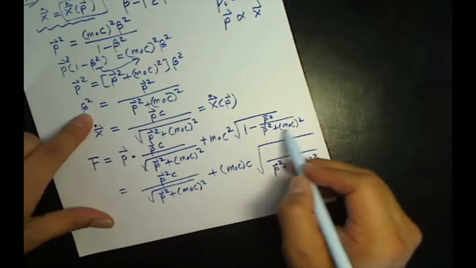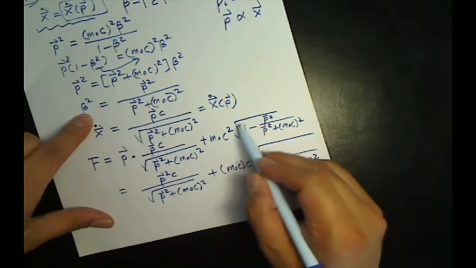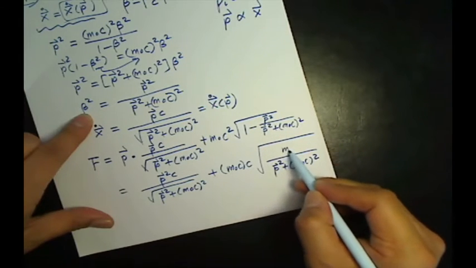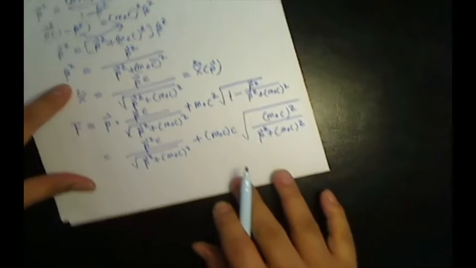And if I multiply this one in the numerator, the p squared cancels and m0 c squared survives.